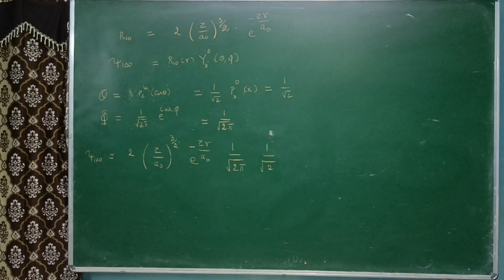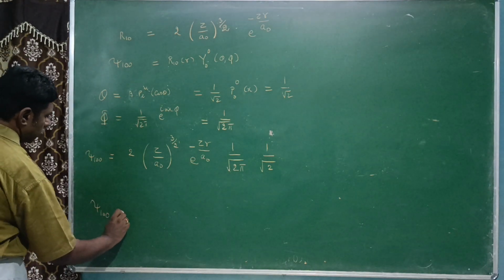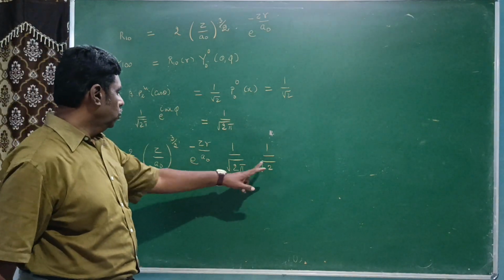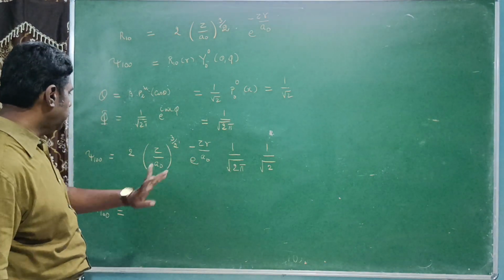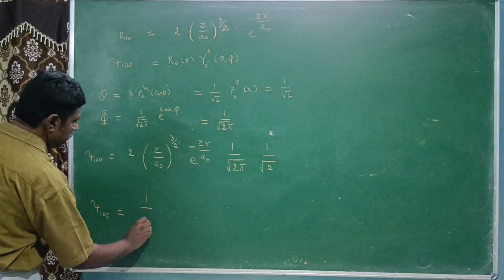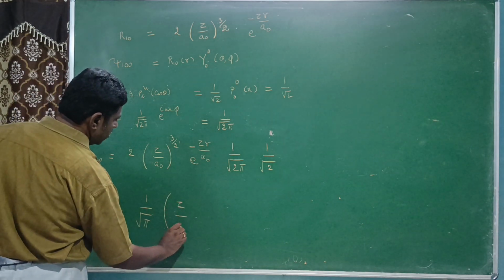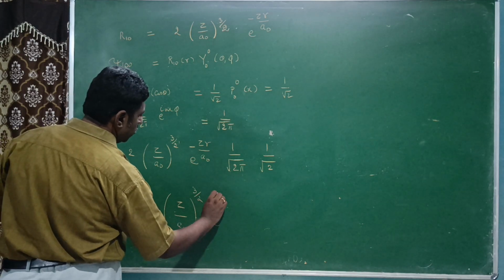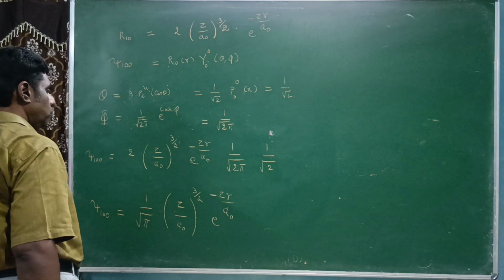Now see here, psi 1 0 0 equals root 2 into root 2, which is 2, and this 2 gets cancelled. So we get 1 divided by root pi, (Z by a0) power 3 by 2, e power minus Zr by a0.